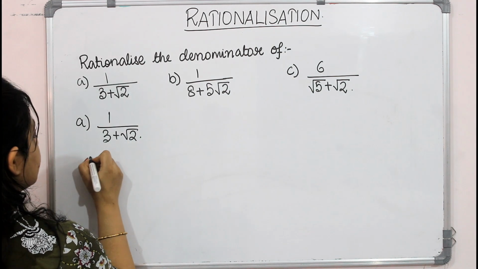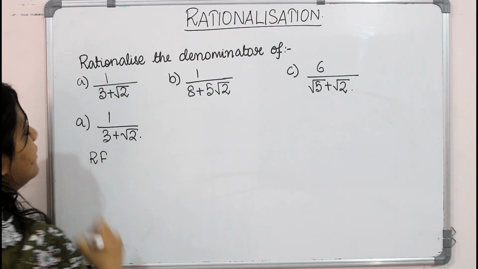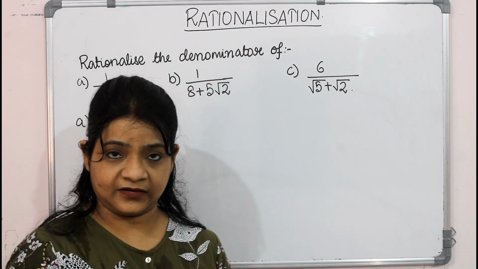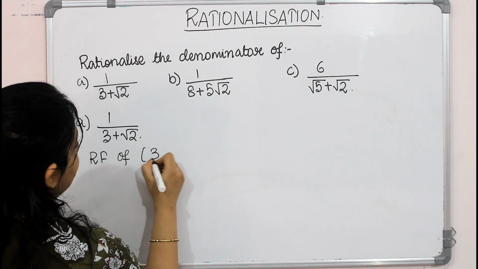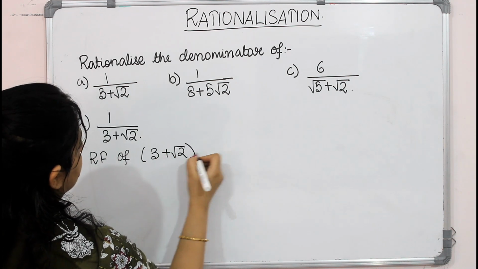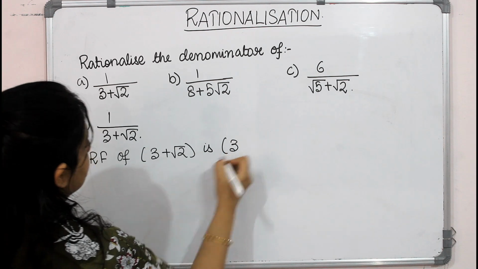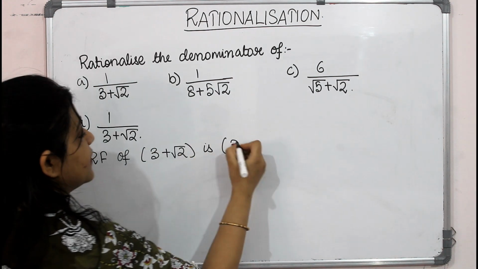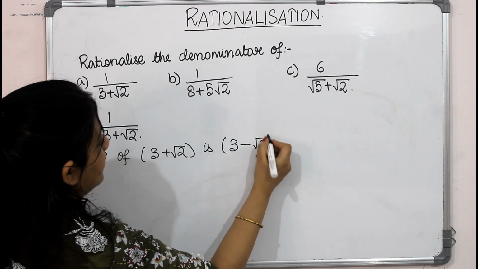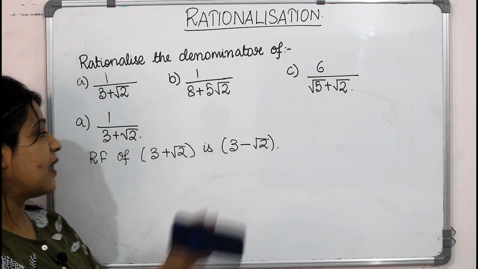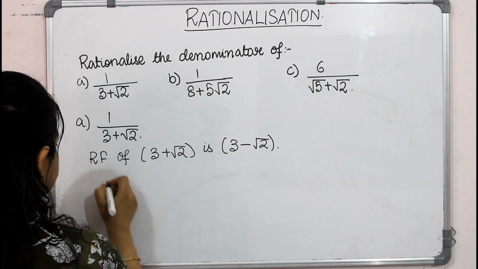So next our duty is to find the rationalizing factor. So the rationalizing factor of 3 plus root 2 will be what? It is 3, the plus will be changed to minus and root 2 will remain as it is. So 3 minus root 2 is the rationalizing factor.